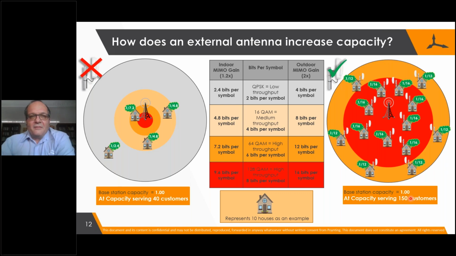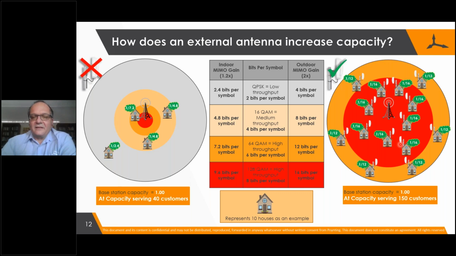So even though the maximum rate is a much bigger difference, of course, we can't assume that it's going to go from minimum to maximum. These guys also sit with some people in higher rates. The average we find overall, and that's been confirmed by various international studies, is about a 4 to 5 times increase in the capacity of the cell. The 150 customers get exactly the same service as the 40 customers in terms of the amount of data that you can pump through to them.